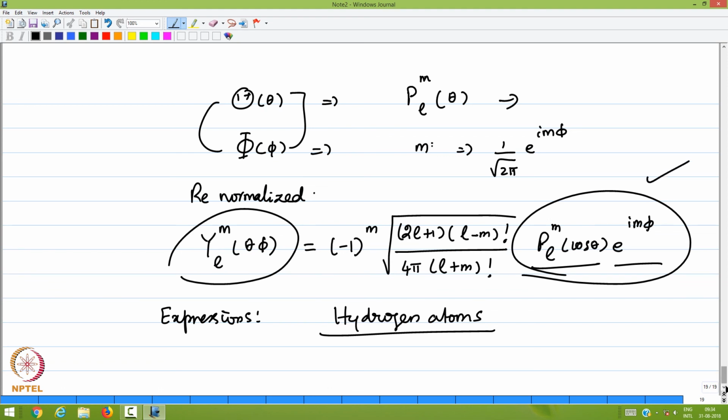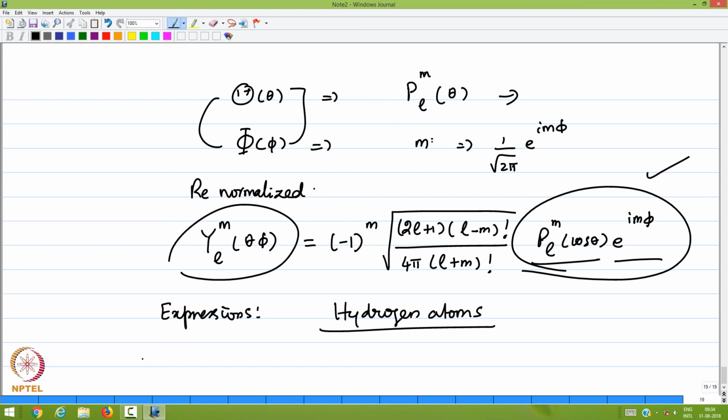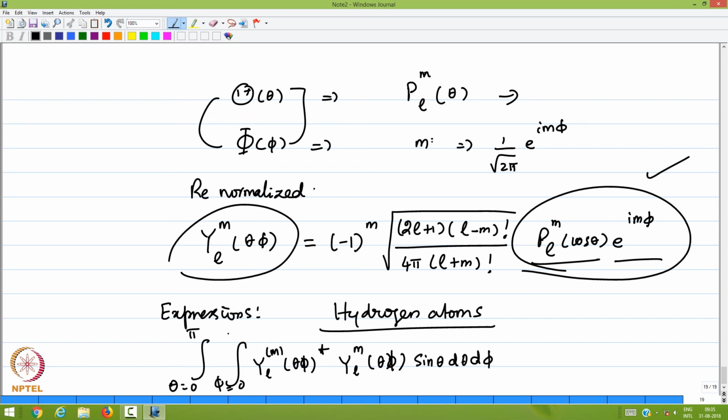The most important property of these functions: Y L m theta phi is, of course, a complex function. Therefore, the normalization of Y L m theta phi is the integral of Y L m theta phi star times Y L m theta phi, with sin theta d theta d phi, with the limits theta equal to 0 to pi, phi equal to 0 to 2 pi.